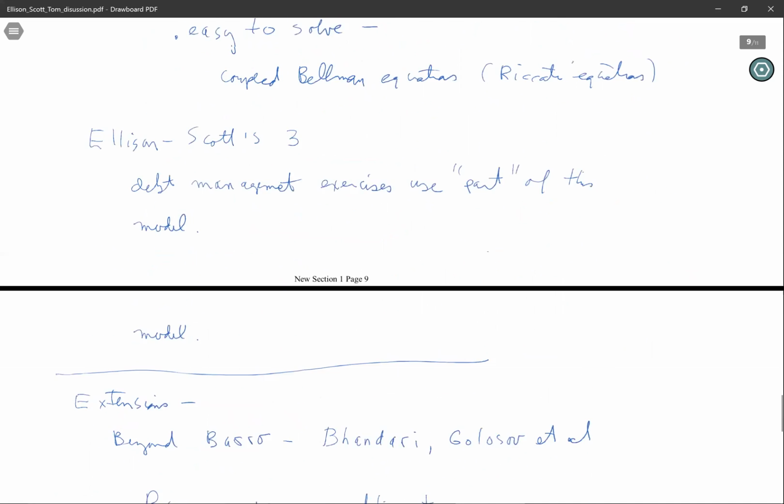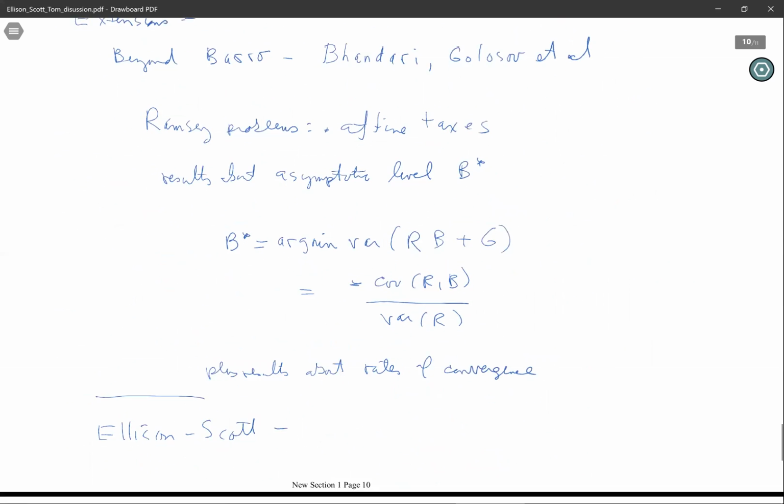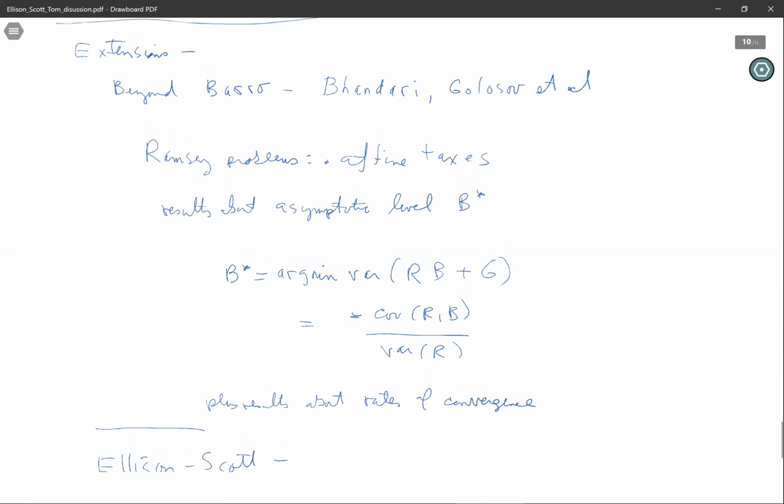There's some work on that by Bhandari, Evans, Golosov, and others, and they get some striking results about asymptotic levels of government debt and rates of convergence and various other statistics about what the government portfolio looks like.